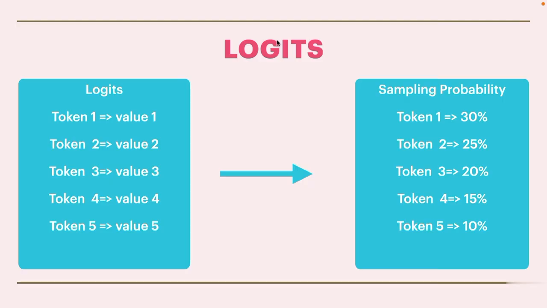When we talk about applying a temperature to the logits, it means modifying the logits values by introducing a scaling factor, which is the temperature parameter. The temperature parameter controls the level of uncertainty or randomness in the predicted probabilities by changing the values of the logits. So by applying the temperature to the logits, we adjust the sensitivity of the model's output.